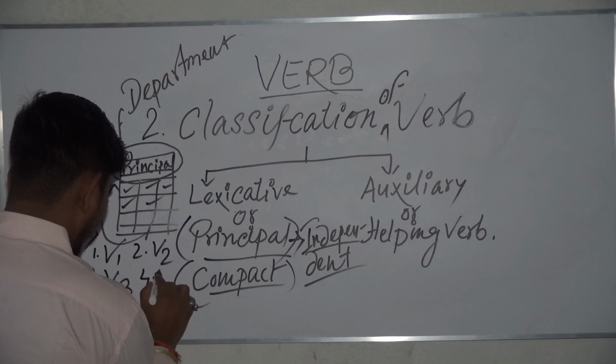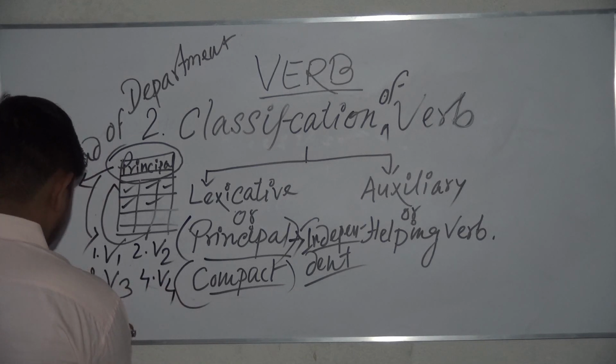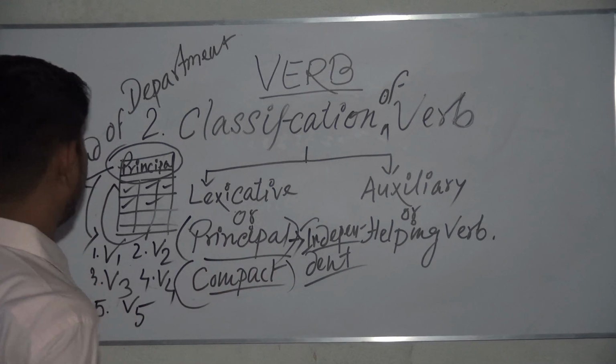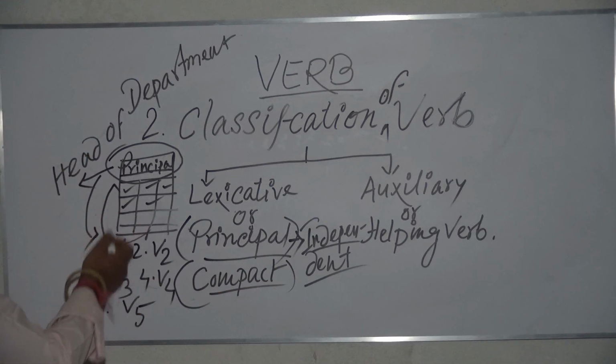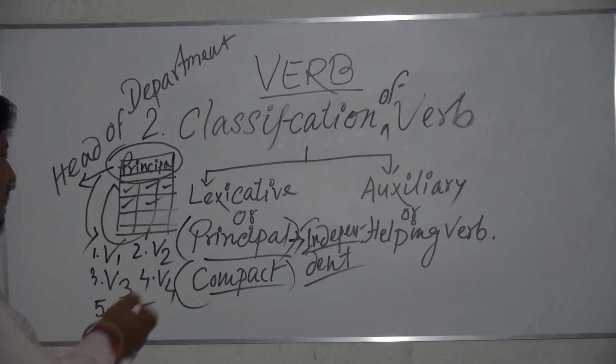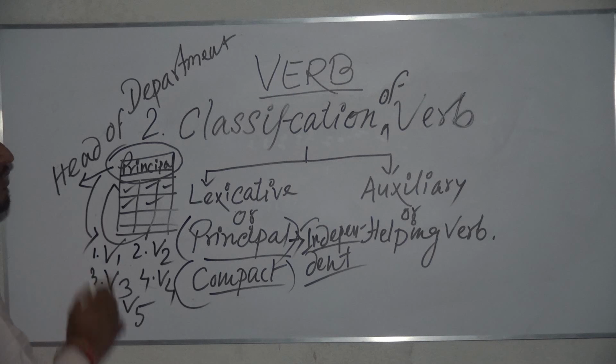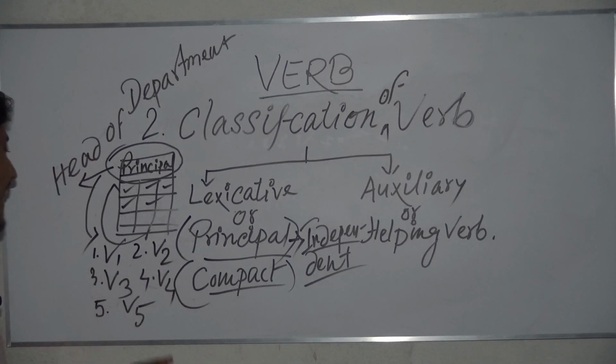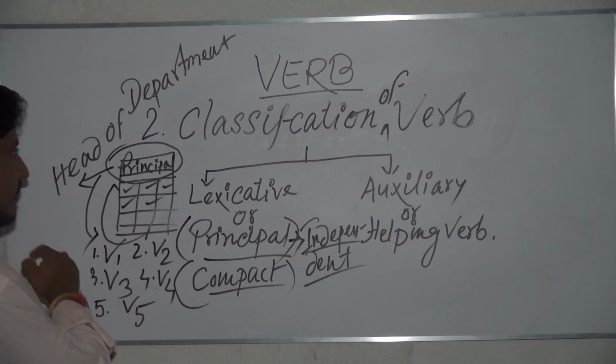Number 4, V4 formation. And number 5, V5 formation. V1 formation, V2 formation, V3 formation, V4 formation and V5 formation. So let's discuss those 5 formations.